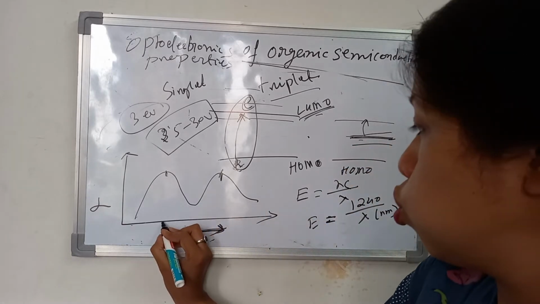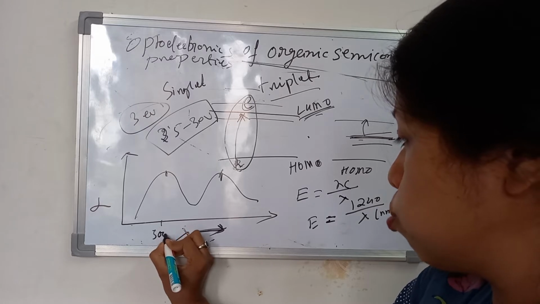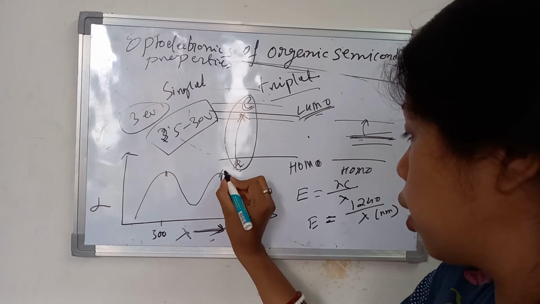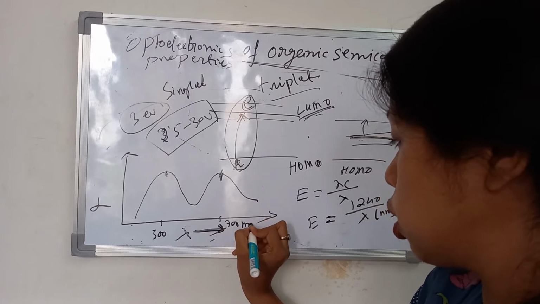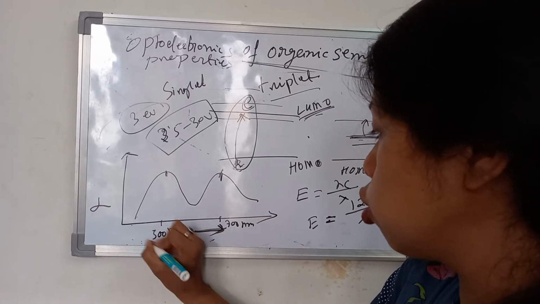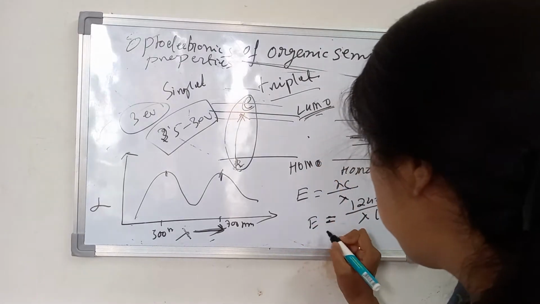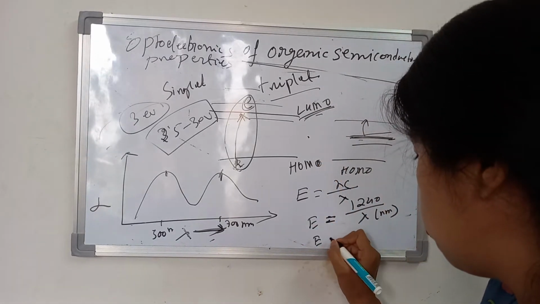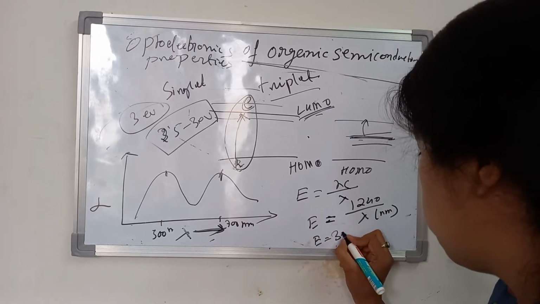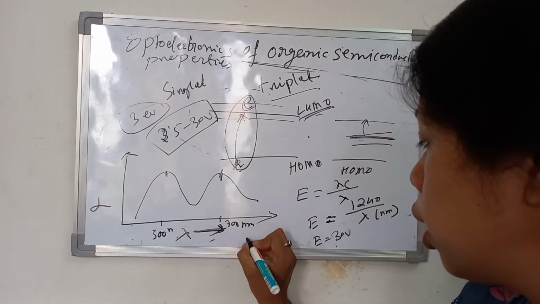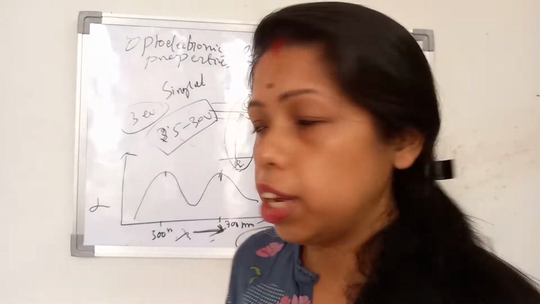Suppose this is 500 nanometer and this peak is at 700 nanometer. For 500 nanometer I get a band gap of 3 electron volt, and for 700 nanometer I get 1 electron volt.